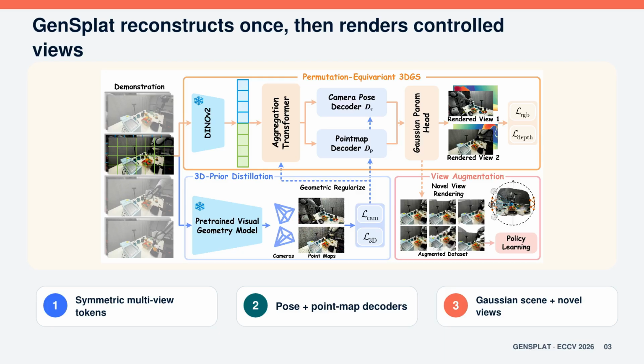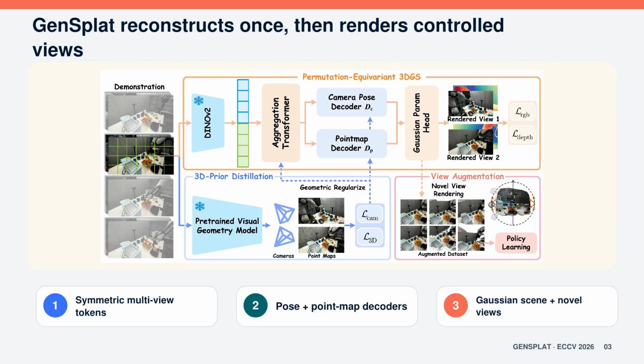A camera decoder predicts each view's rotation and translation, while a point map decoder predicts a dense local three-dimensional coordinate and confidence for every pixel. Transforming those point maps into a shared frame provides the Gaussian centers. A dense prediction head estimates the remaining Gaussian attributes: opacity, rotation, scale, and appearance.